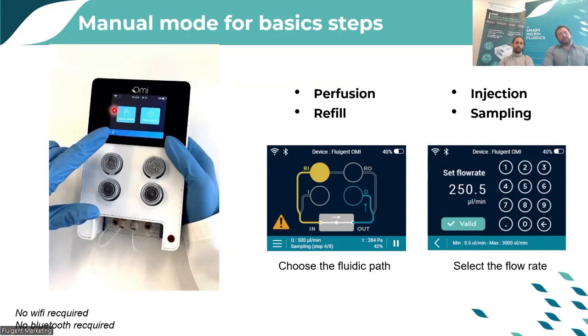Through this mode, you can select from which reservoir you want to inject and which reservoir would be the output reservoir. Here it is Ri and the output reservoir is O. And you can set a flow rate and just run a perfusion.